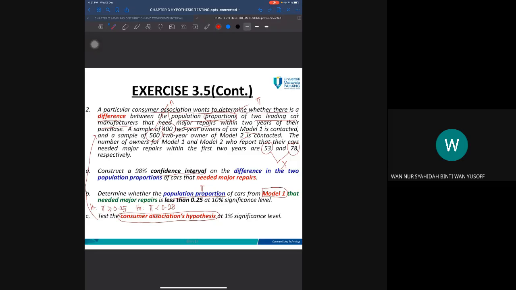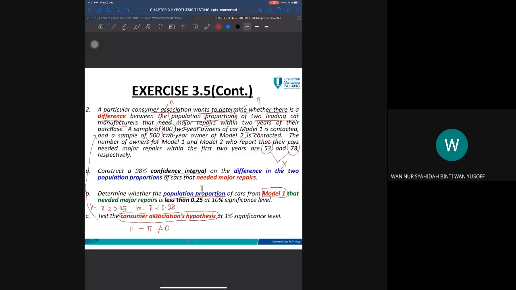So different: pi different minus pi different is not equal. Do we have pi naught in our question here? No.